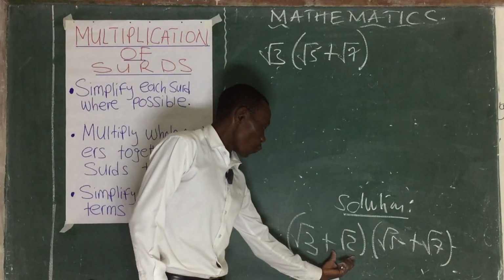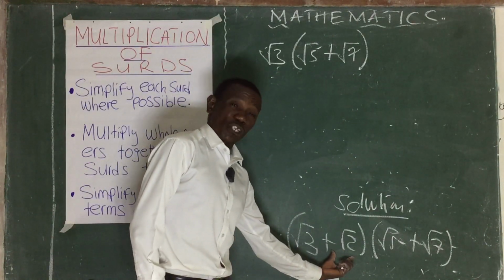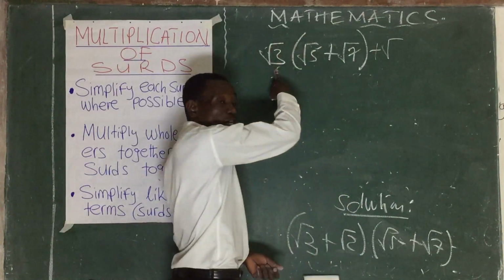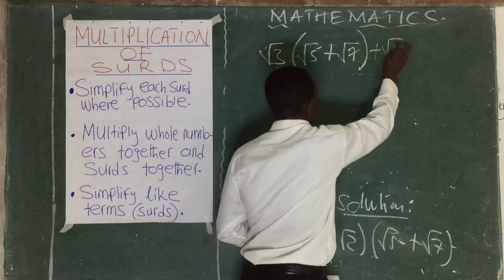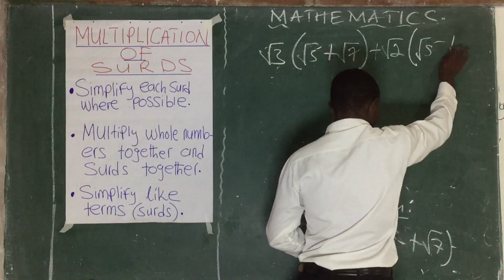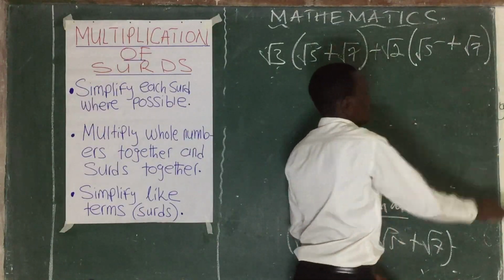Then I'll go for what? That's the positive root 2. This also will be written in a similar way as I indicated for root 3. So here I have root 2 multiplied by the bracket, root 5 plus root 7.